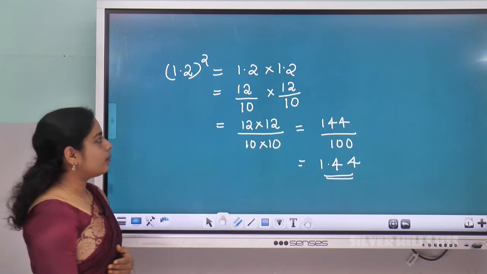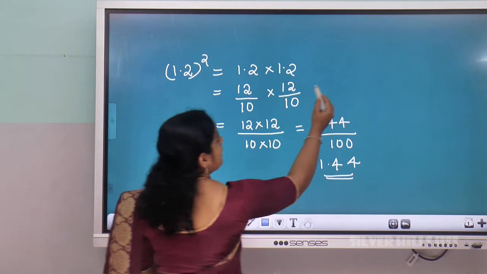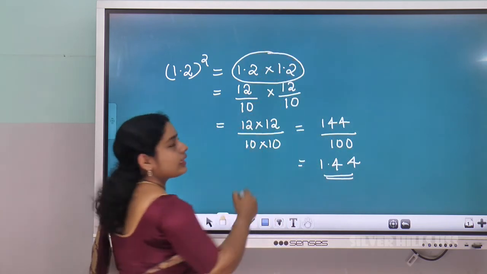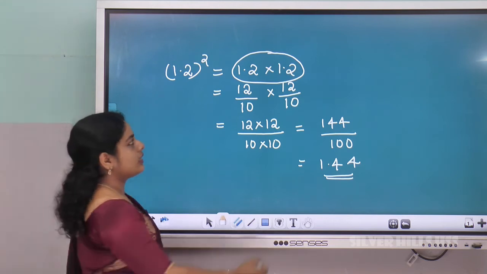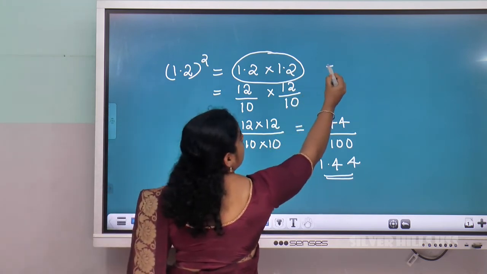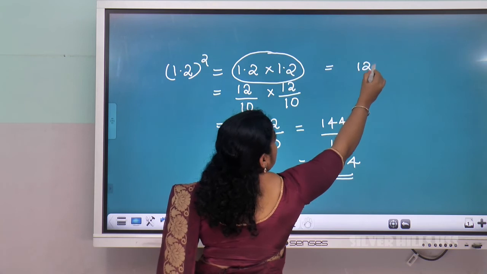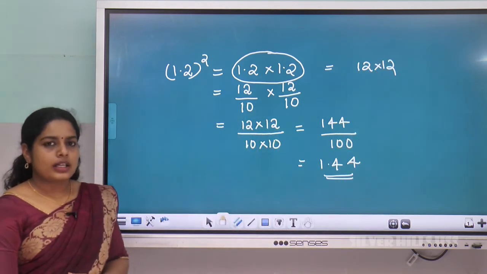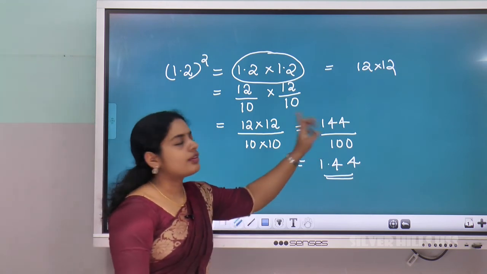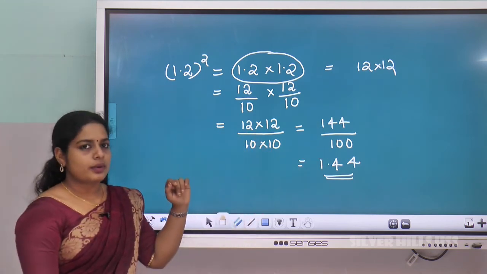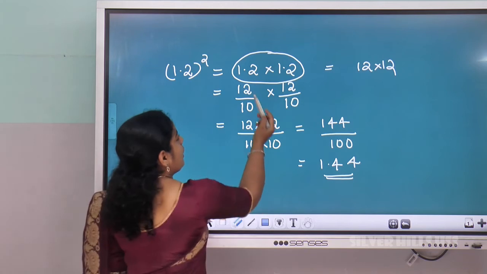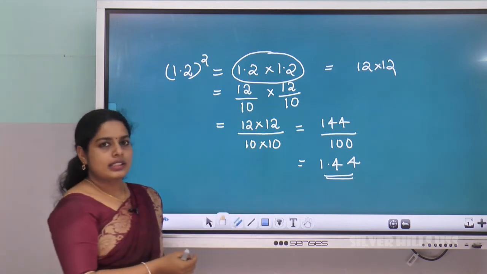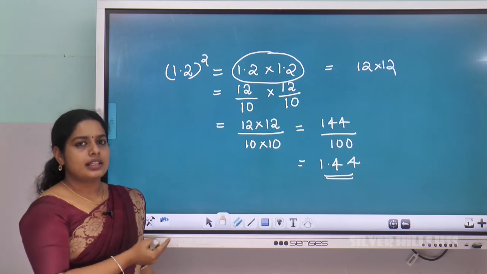Or there is another method: you can just multiply this 1.2 into 1.2 without the decimal point. That is, just multiply 12 into 12. You will get 144. Then count the total number of decimal places. Decimal places means the number of digits coming after the decimal point.